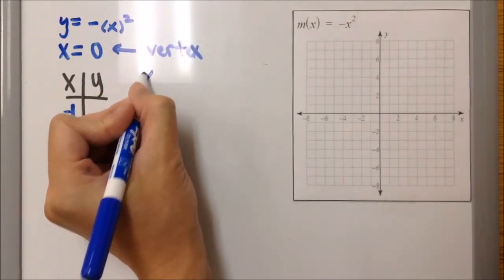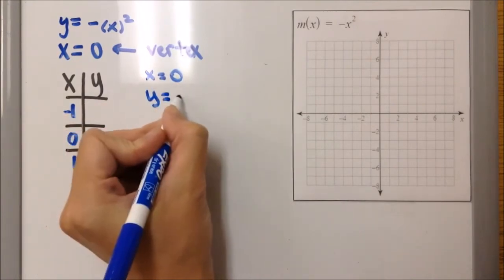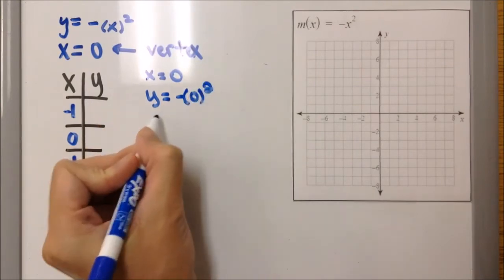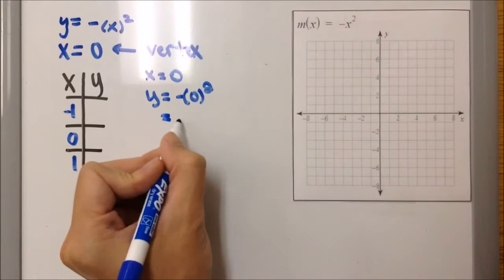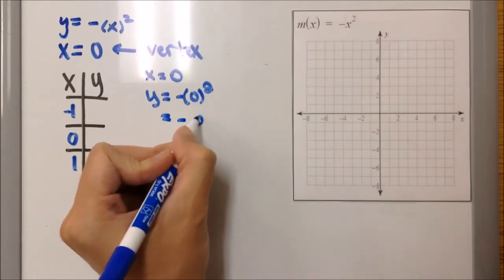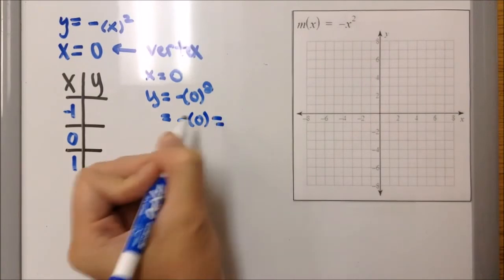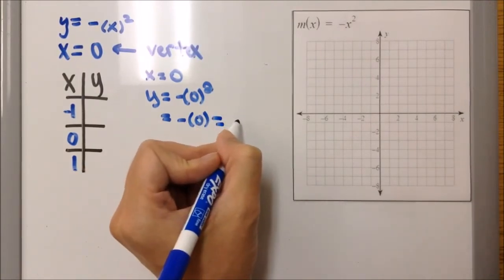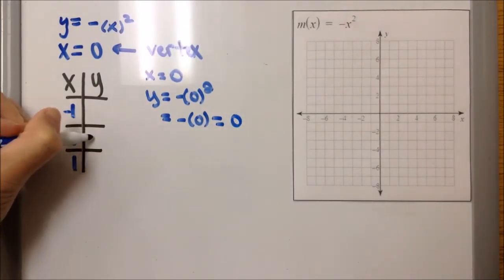So x equals 0. We have a negative, and then 0 with parenthesis and square. So we do the square first, so 0 squared will be just 0. And then I'm going to distribute the negative. So it's just, again, 0 is a neutral number, so it can't be positive nor negative, so it's just going to be 0. And I'm going to write it right here.